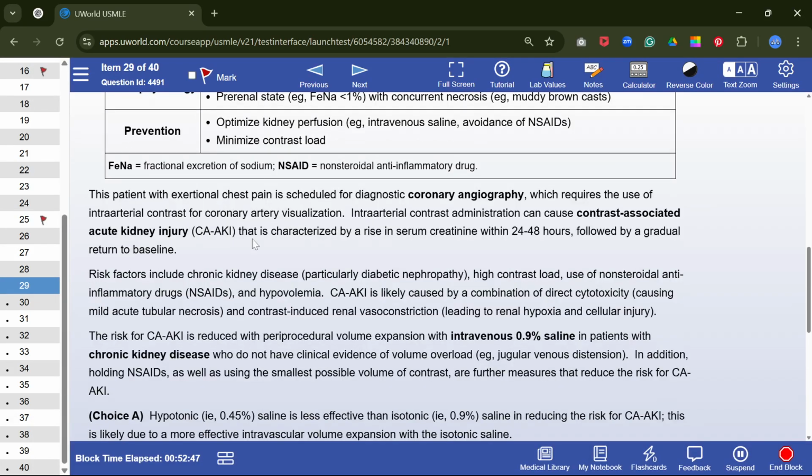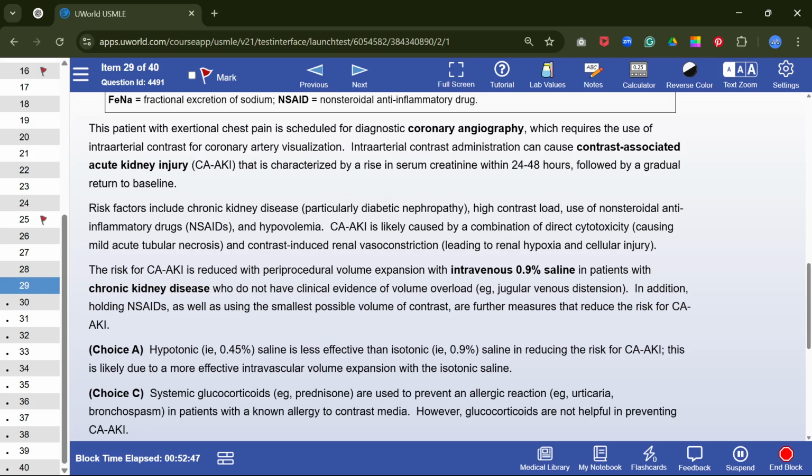The risk of contrast-associated AKI is reduced with periprocedural volume expansion with intravenous 0.9% saline in patients with chronic kidney disease who do not have clinical evidence of volume overload, such as jugular venous distension. In addition, holding NSAIDs as well as using the smallest possible volume of contrast are further measures that reduce the risk of contrast associated AKI.